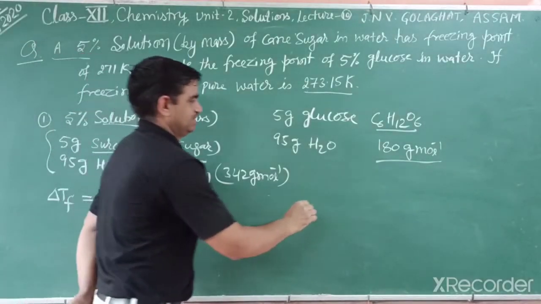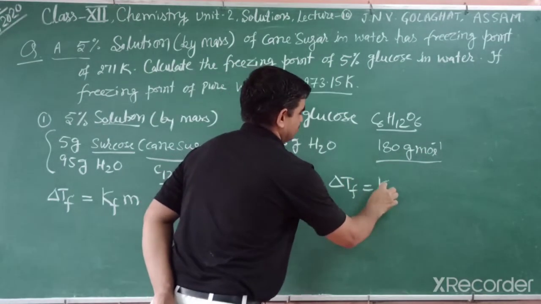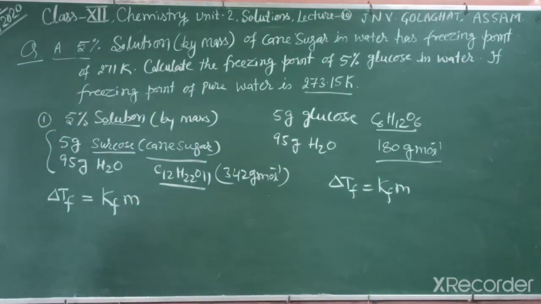For glucose also, delta Tf is equal to Kf m. Both are 5% solutions, but Kf is not given. If Kf were given we could easily identify it, but since it is not given, we solve with all the data. At first we find delta Tf.